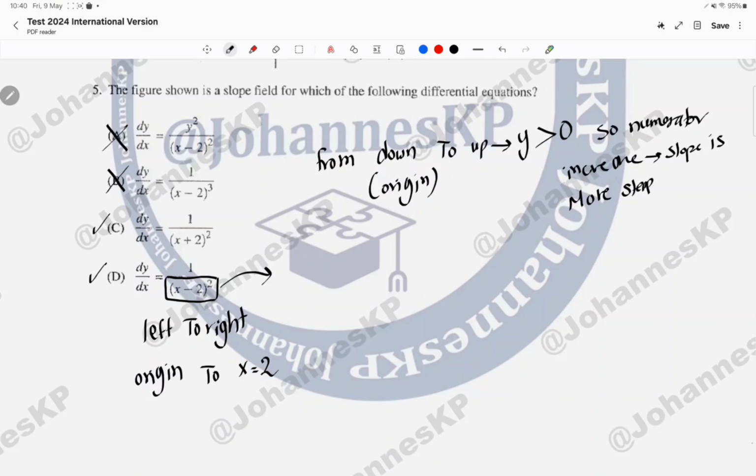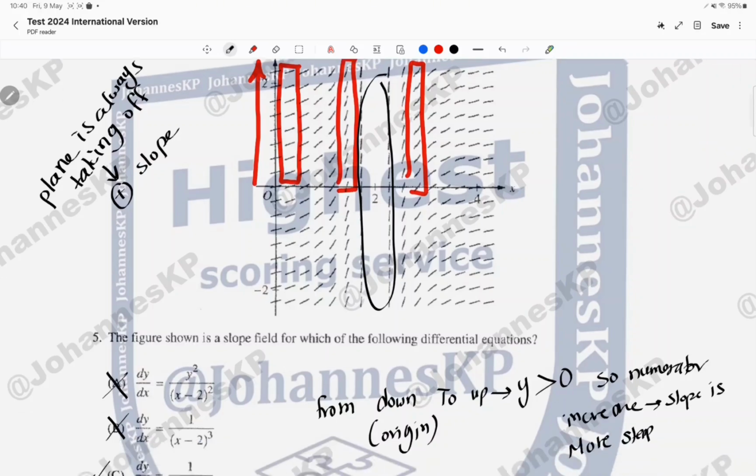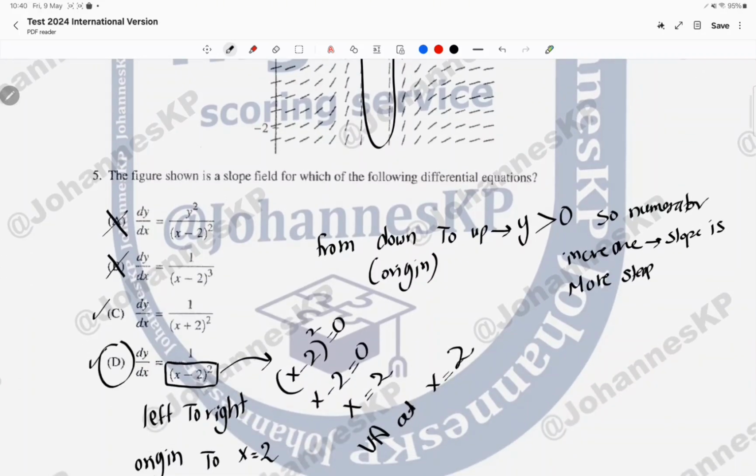You know what that is? Yes. So right now if I equalize this to 0, and if I square everything, x is equal to 2. That means I have a vertical asymptote at x of 2. So come here and look. Do I have a vertical asymptote at x of 2? Yes, I do because it's all empty. So it has to be choice D.